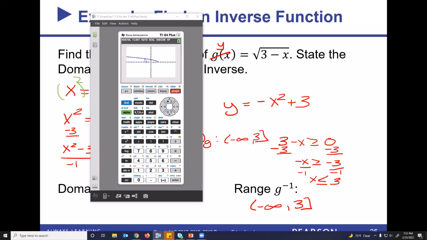In our case here, we can see that the domain went from 3 all the way to -infinity on my axis. We always say negative to the positive number. But I also noticed that I don't have any y values down here that are negative. So it starts here at 3. Let me double check what that number is. I'm going to go into my table, and I notice at 3, the y value is 0.